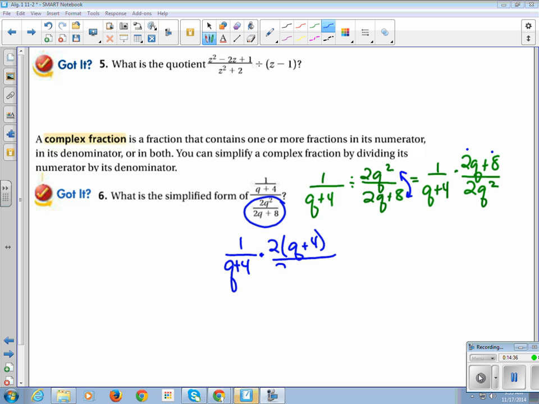And this is 2q squared. The q plus 4 divides with the q plus 4 and gives us 1. The 2 divides with the 2 to give us 1. So we are left with 1 times 1 times 1 on the top, and we are left with q squared in the denominator.